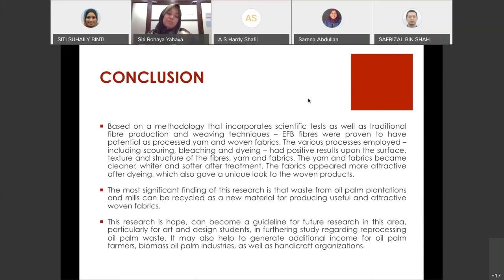This is a barrier, a problem for them to use that material. Actually, this is very good for me, as what I see, because it's very valuable. We have so many natural sources in Malaysia, but we never use them. The problem with us is we don't have the technology. We have to import that technology to our country.